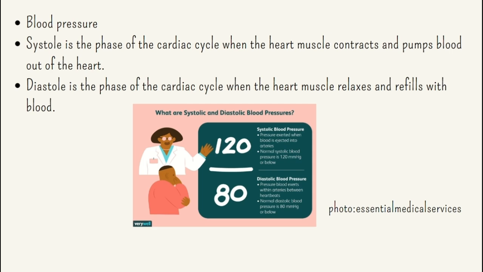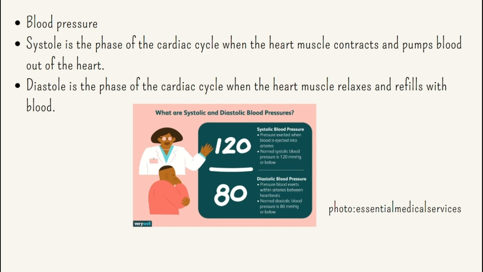Alright, so now with blood pressure, basically we know that high blood pressure is hypertension, right? We're going to be talking about how they measure blood pressure. You have the systole value and you have the diastole value. The systole is the phase of the cardiac cycle when the heart contracts and pumps blood out of the heart.